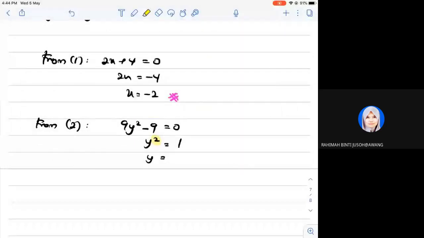So your answer will be plus minus 1. Ada dua nilai lah. Kalau kuasa ganjil, you have to be careful with the negative value. Dia tak ada lah. Tapi kalau kuasa genap, y kuasa 2 ke, y kuasa 4 ke, y kuasa 6 ke, dia mesti ada plus minus. Macam tu.